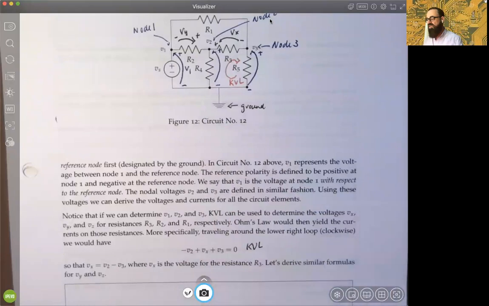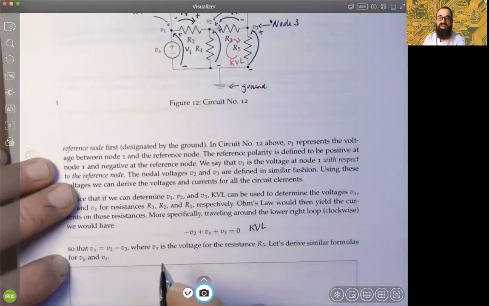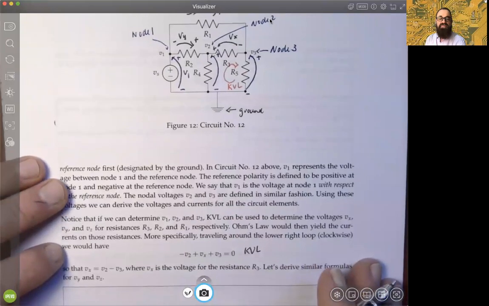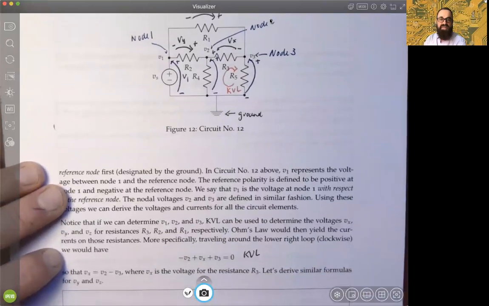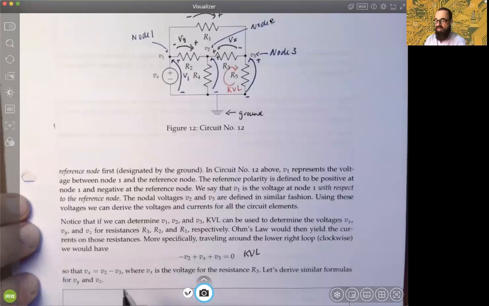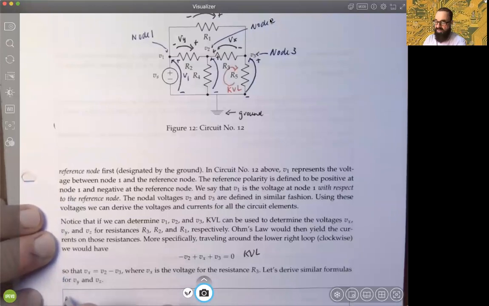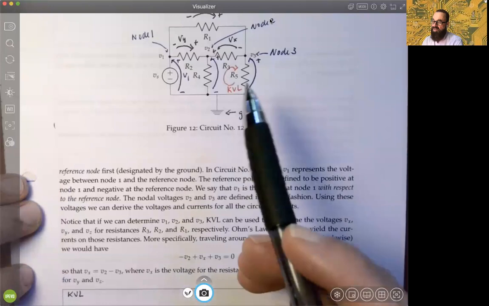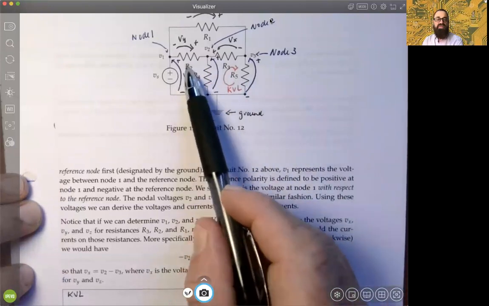So we will use different KVL loops for those, okay? I'll write it here so we can keep seeing the circuit diagram. If we did KVL here, and let's say we were looking for a relationship for Vy, and Vy is right here, why don't we use the lower left loop?